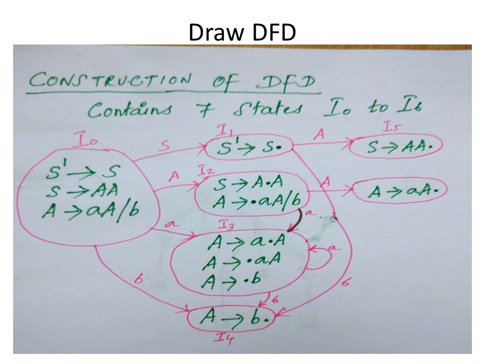And again the third production, A implies dot b. So this is happening in the I3 state.